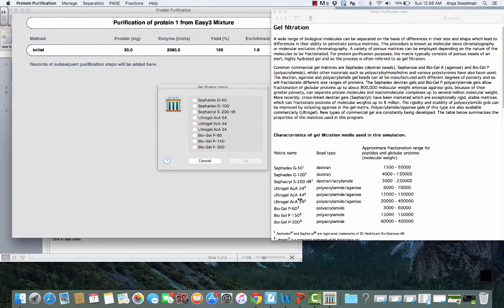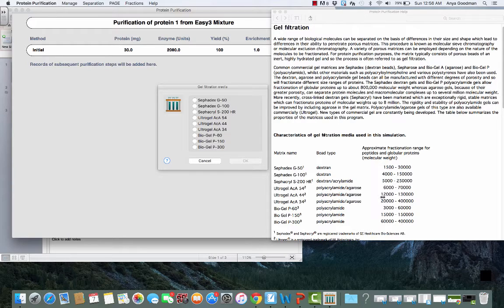Ultragel ACA 54, 44, or 34. The numbers actually refer to percentage acrylamide and agarose. So Ultragel ACA 54 has 5% acrylamide, 4% agarose. What you'll notice is there's a narrow range of sizes between 6,000 and 70,000 daltons.